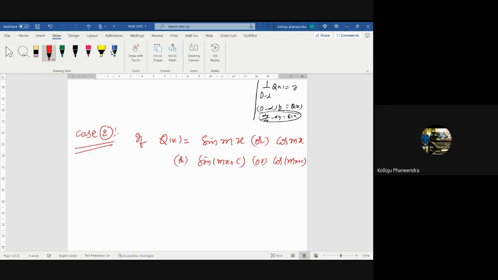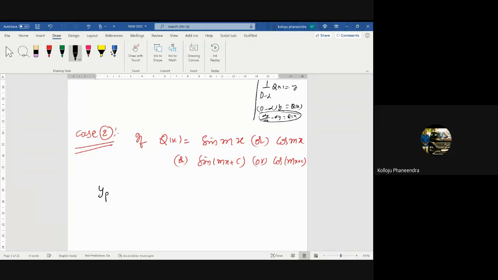See, the particular integral is defined for some particular functions only, some standard functions only. One is the exponential function, another one is the sine function or cosine function, not for tan, cosine, like that.